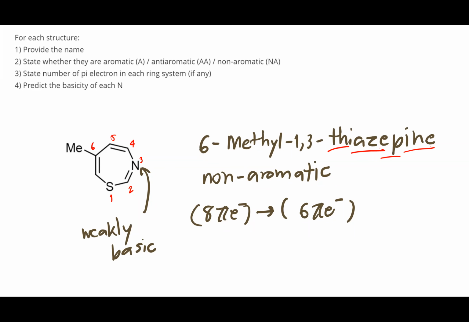It's non-aromatic because if you count the number of pi electrons, if it stays in a flat system, this will be 2 1 1. Maybe I should change it. Okay, so 2 1 1 1 1 1 1. So in total it's 8.